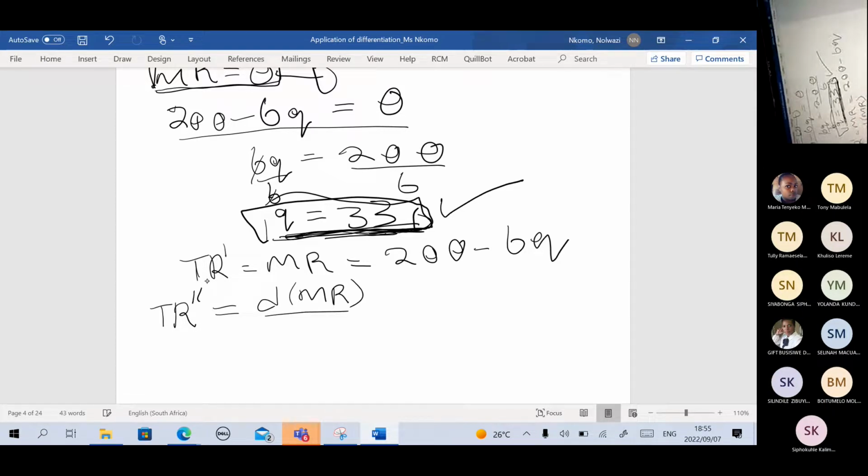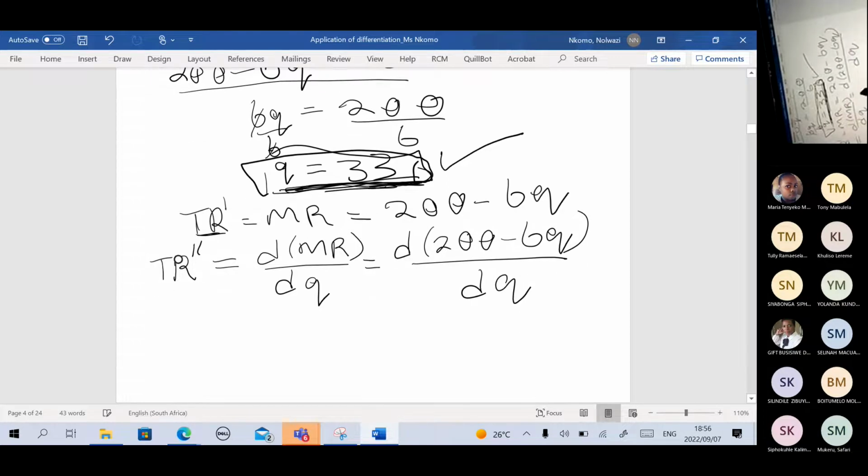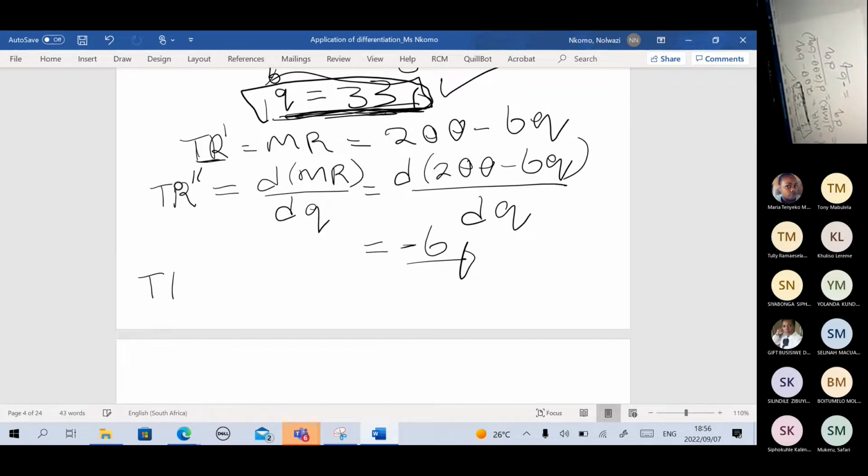Remember, the marginal revenue is the first derivative with respect to Q, which means we differentiate 200 minus 6Q with respect to Q. What do we get? Minus 6. Then we have the second derivative as minus 6.